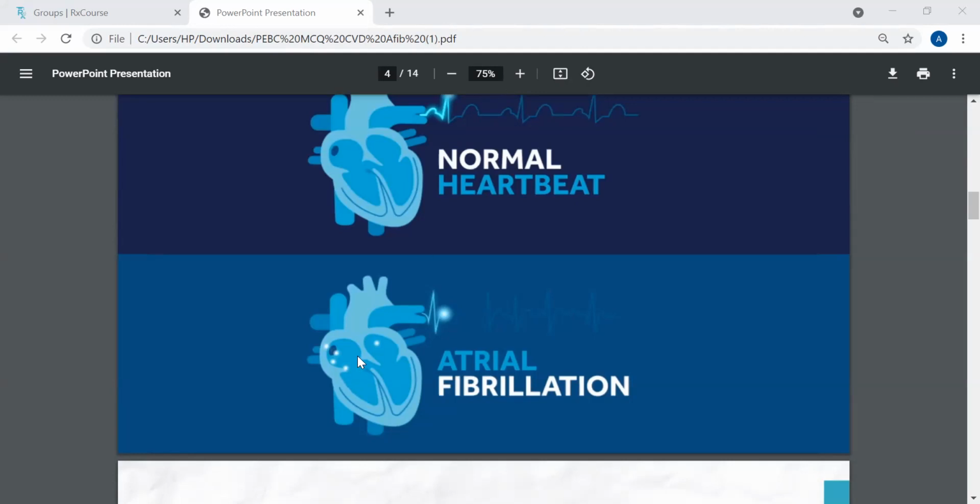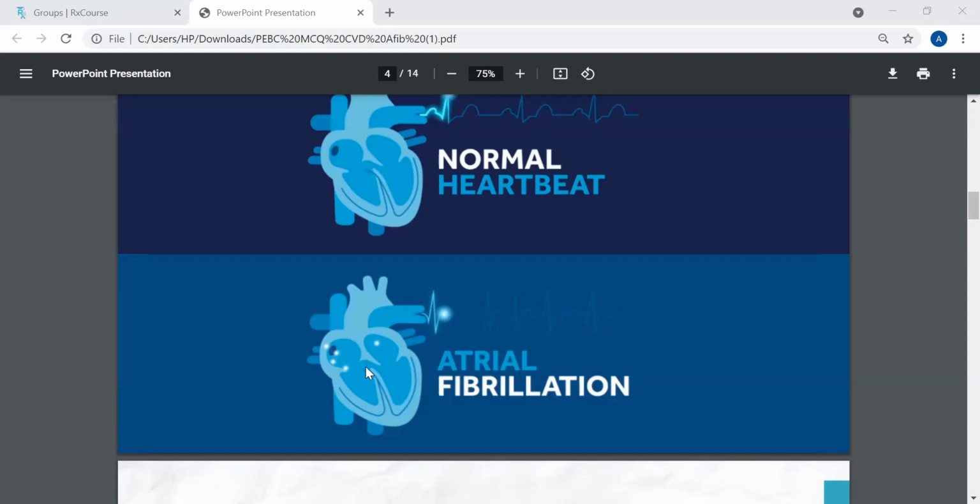Okay, Noha Al-Kholi, can you open your mic, please? Yes, I'm here. So what happens in the normal case when a signal is generated from the SA node? Where does it go? It goes to the AV node. Which is here, yes? Yes. After that, it gives a sign for the ventricles to contract, so depolarization of the ventricles.